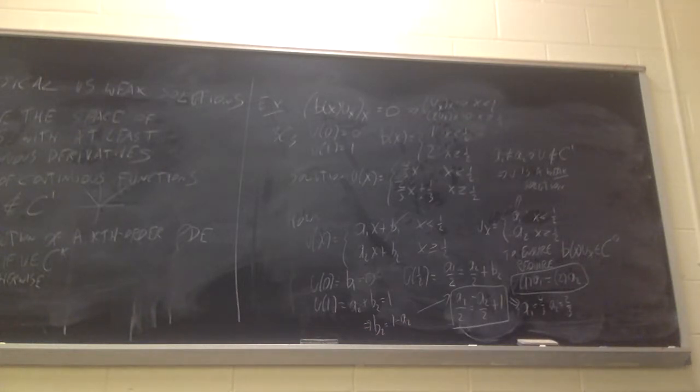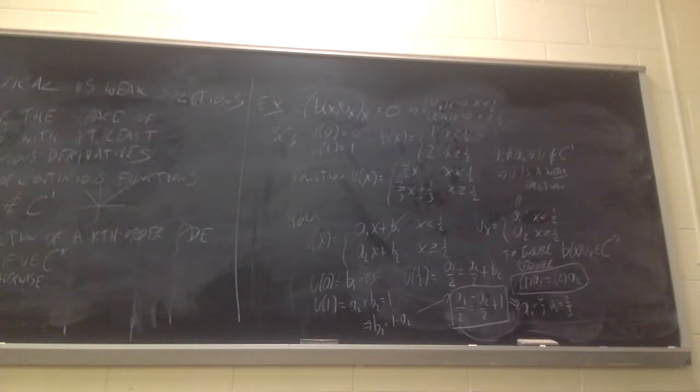Now, here's a funny thing, though. So we have to be careful about evaluating classical versus weak solutions. What's the second derivative? What's uxx on both pieces? And we have ux, so what's uxx? A1 and A2 are constants. Sorry, what? 0?